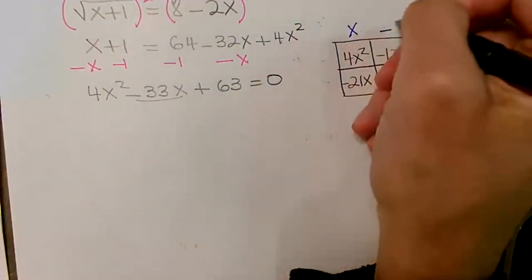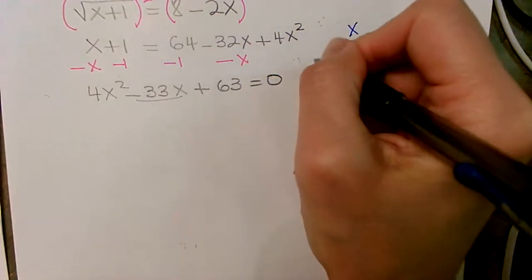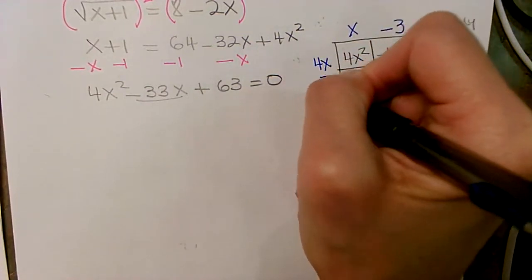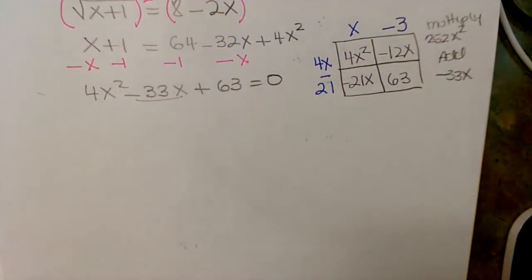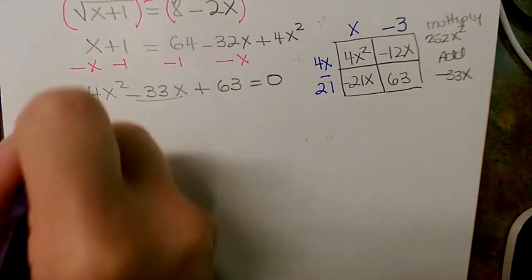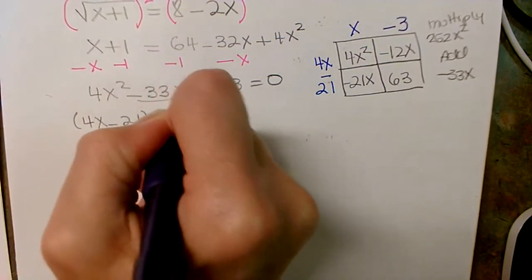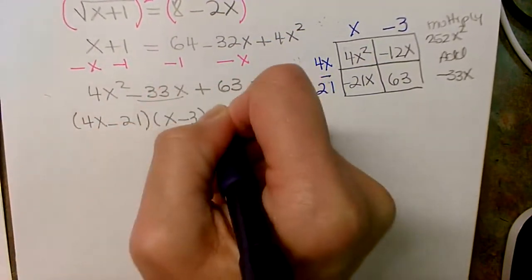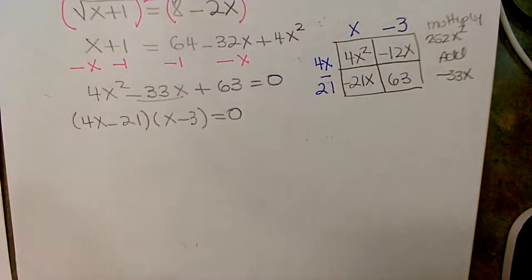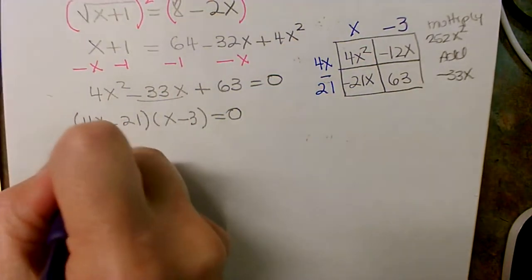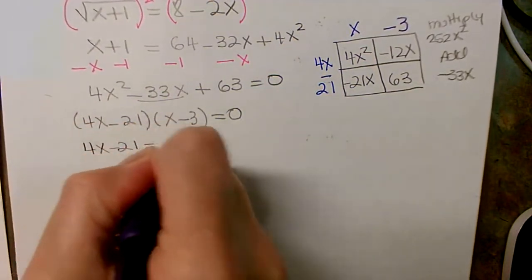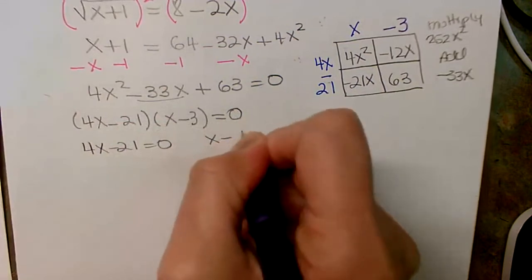So we get x minus 3 from here, and we get 4x minus 21. So this is 4x minus 21, and this is x minus 3 equal to 0. So we have 4x minus 21 equal to 0 and x minus 3.